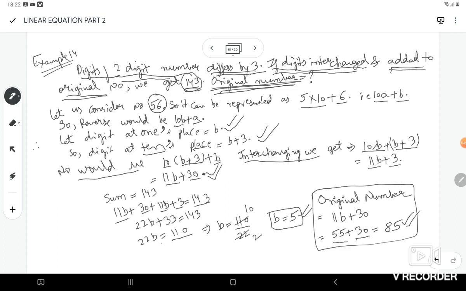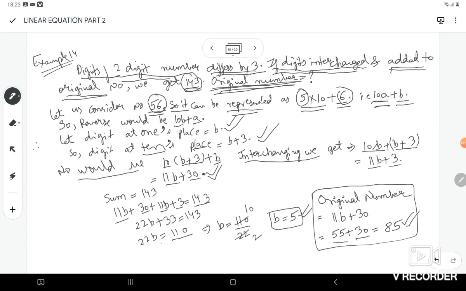Now for making it easier to understand, let us consider a number as 56. So we can represent 56 as 5 into 10 plus 6, which can be represented as 10A plus B. Here in 56, 5 is at the tens place and 6 is at the units place.